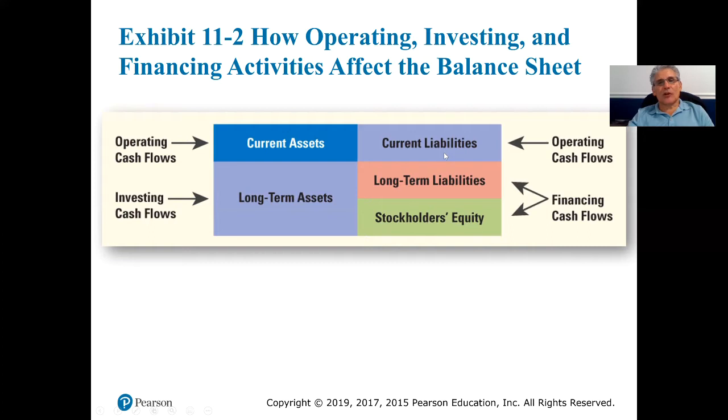Current liabilities are going to impact operating cash flows, just like current assets affect operating cash flows. So current assets and current liabilities affect operating cash flows. And then long-term liabilities and stockholders' equity, those 2 items affect financing cash flows.